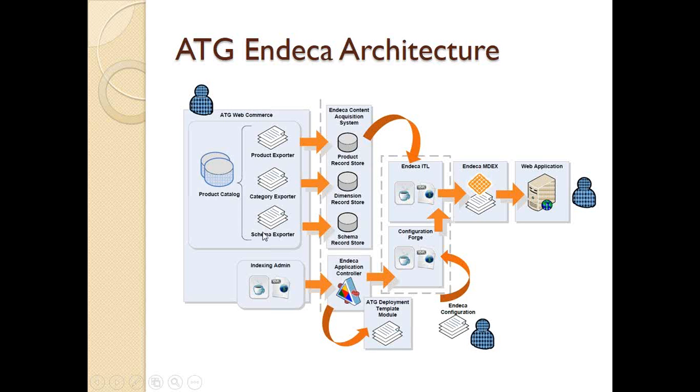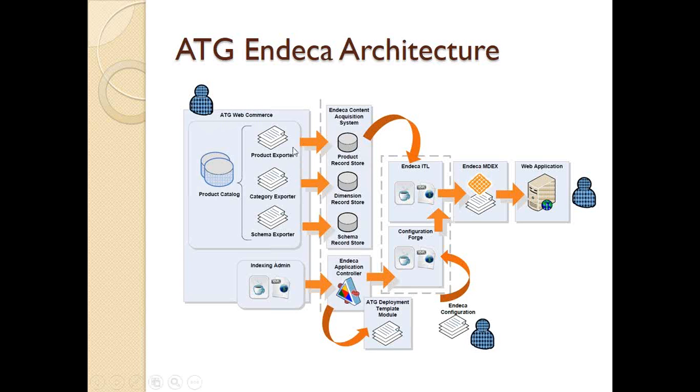Schema data stores information about what your data type is. For example, I have product properties like product name, size, measurements. What is the data type of each of them, the max length that can be occupied, all that schema and structural information is stored in the schema exporter.